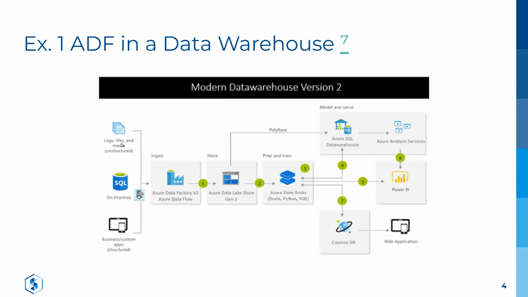You can see in here, it's taking things from files and logs, from the database, and data from some applications. It's basically combining all of that, transforming it and storing it over here in a data lake, so unstructured data. And then later you can see that data lake is going to be processed by some other things. So that's one example of how it might fit into a warehouse.